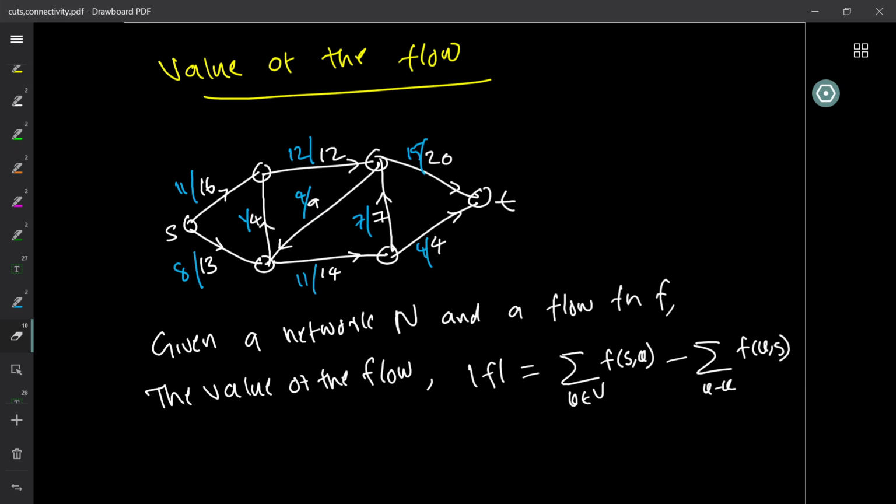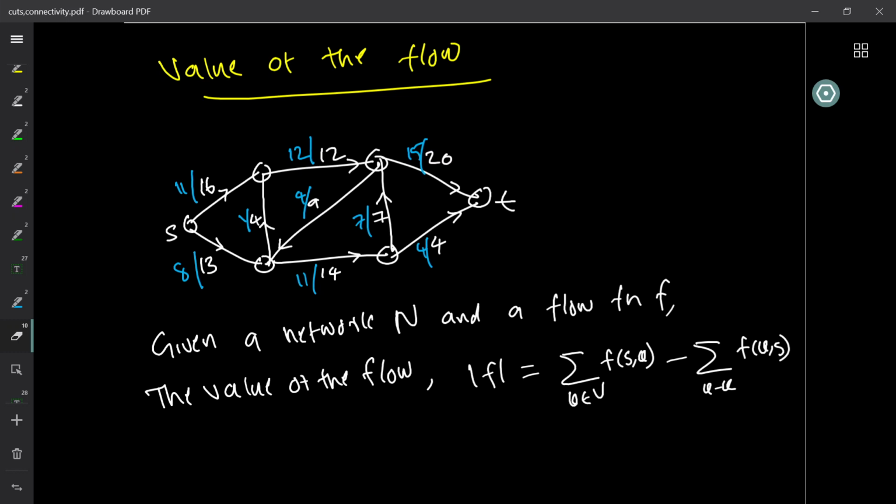So except for S and T, if something goes out of S, it should always reach T. Therefore, if you find out what is all leaving S or what is all reaching T, they should be equal to the material that is transported. So basically, that is the value.